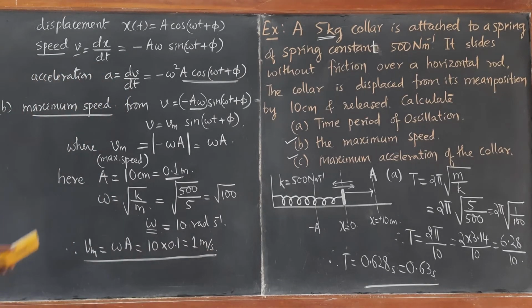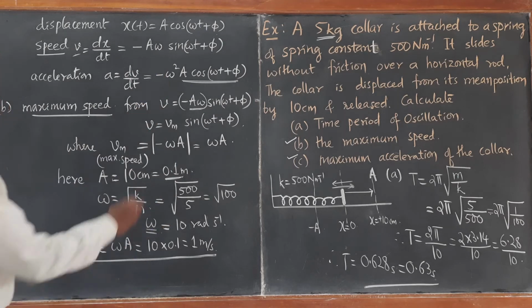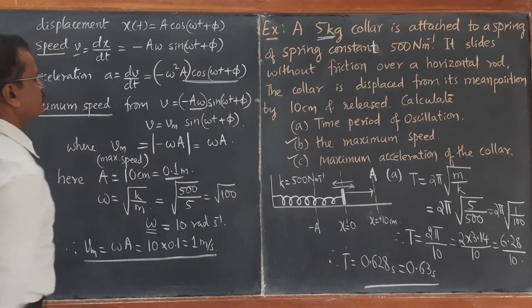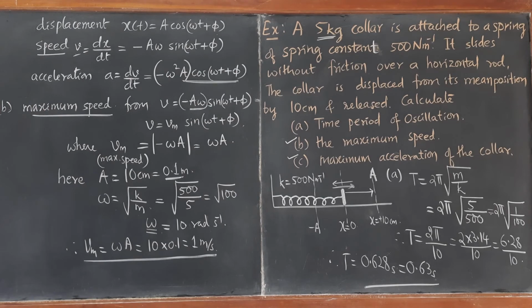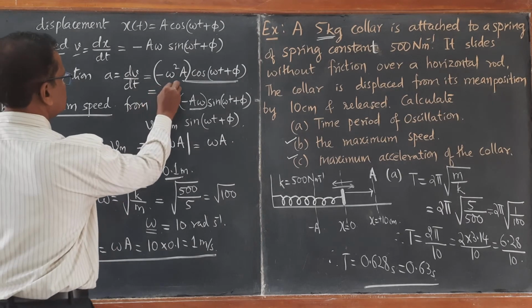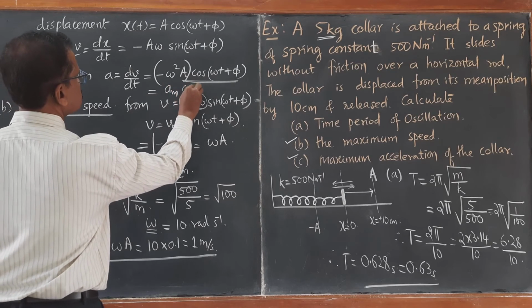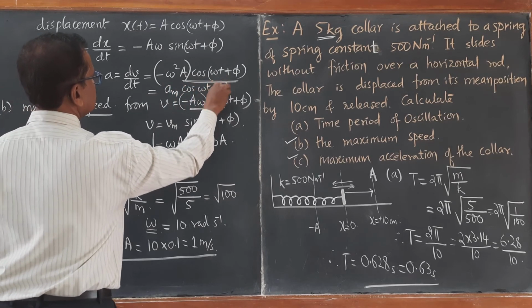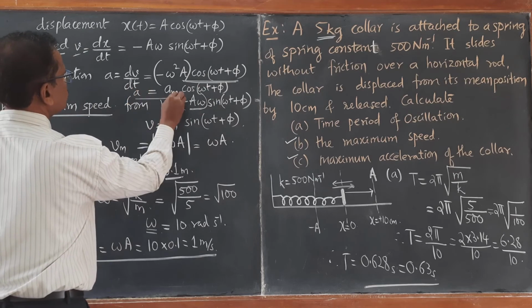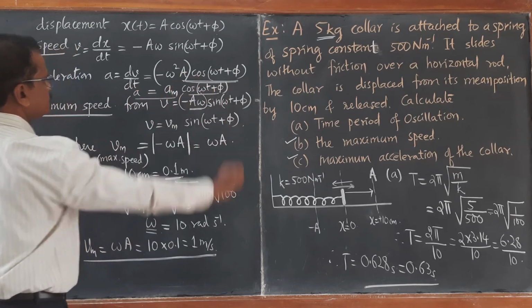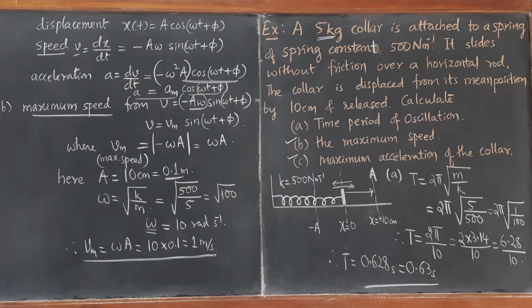In the same way, we can calculate the maximum acceleration. You see from this equation, the acceleration is minus omega squared A cos(omega t plus phi). So this itself becomes am cos(omega t plus phi), where a is equal to am cos(omega t plus phi). This implies that am is equal to omega squared A. So I can write here the value of maximum acceleration.